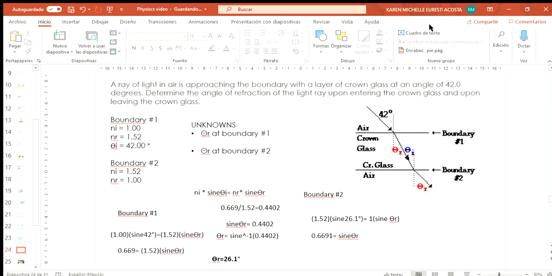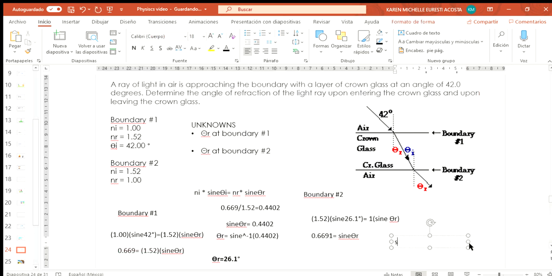We want to get rid of the sine, so it passes to the other side as sine to the minus 1 times 0.6691.